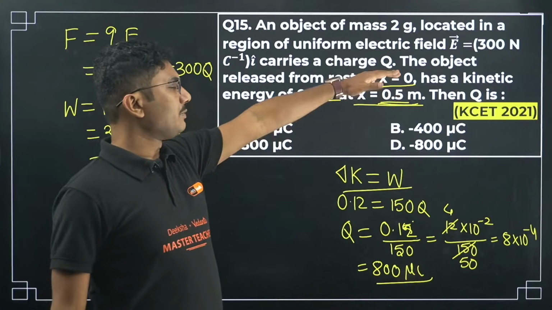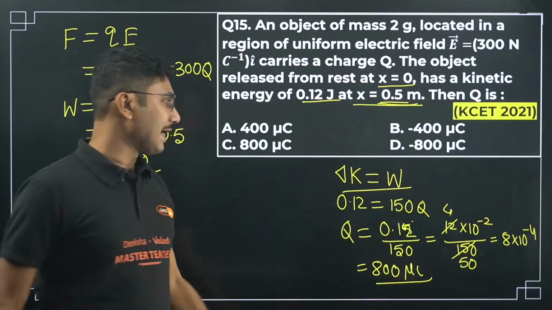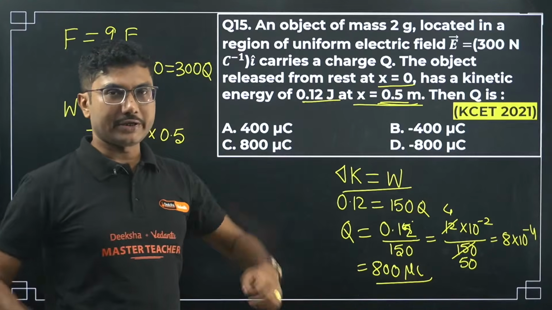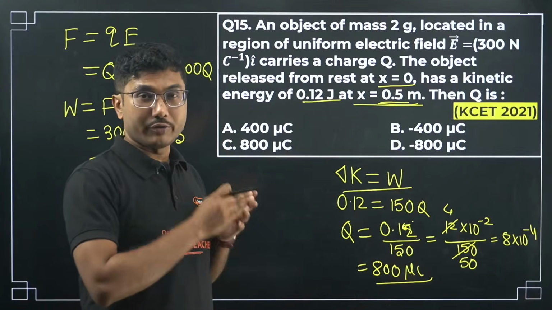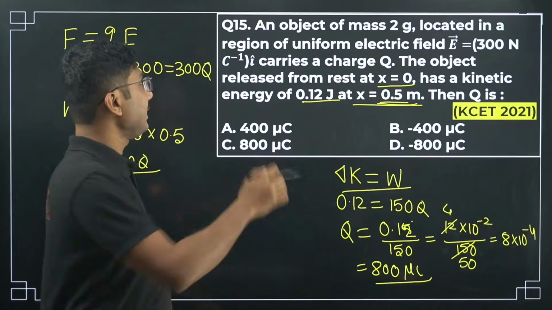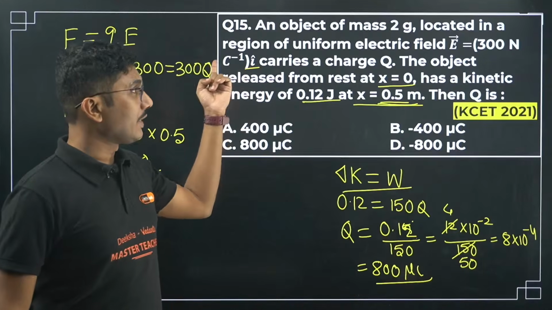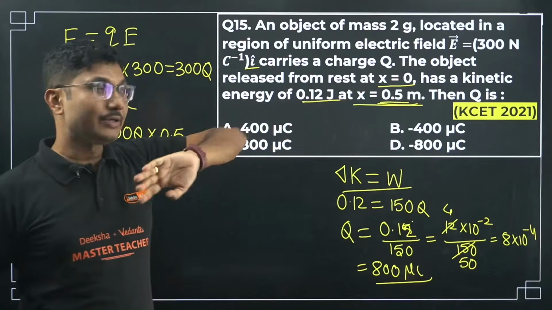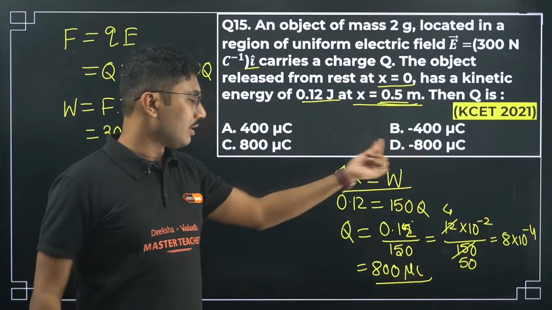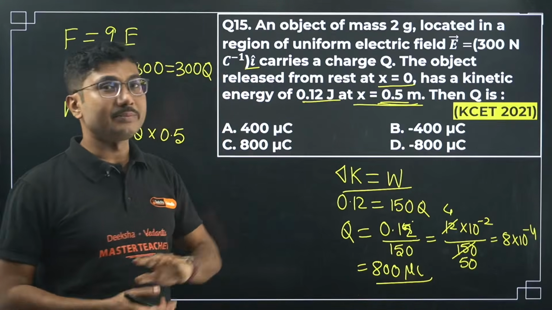Because the distance is increasing, the charge has to be positive. A positive charge always moves in the direction of the electric field, which, as I mentioned, is given as i cap. So that's where you can find the sign of the charge; this direction is important.